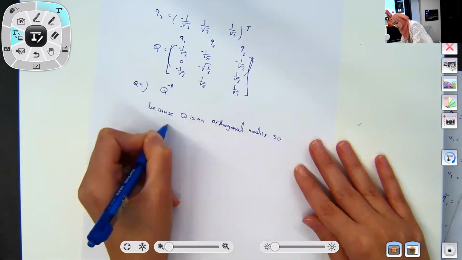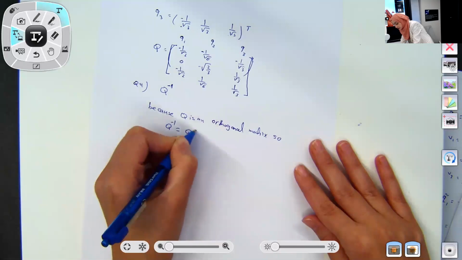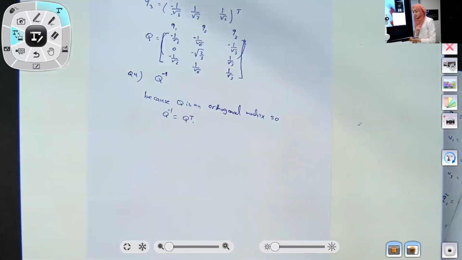So because they ask you to find Q inverse, and Q here is an orthogonal matrix, Q inverse is the same as Q transpose. This is the solution of part 4.